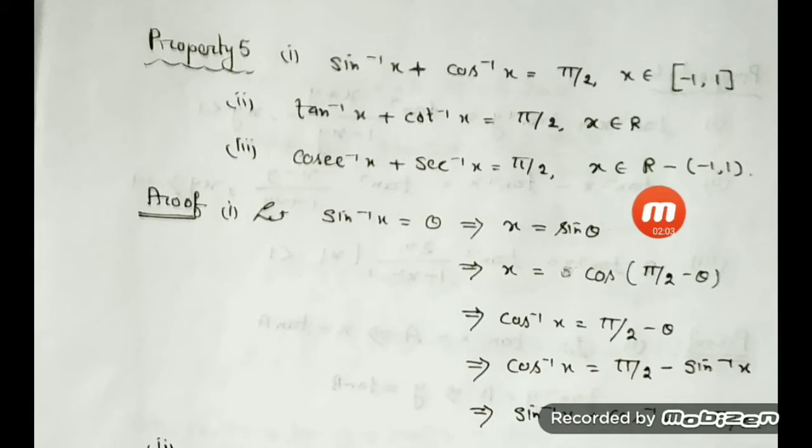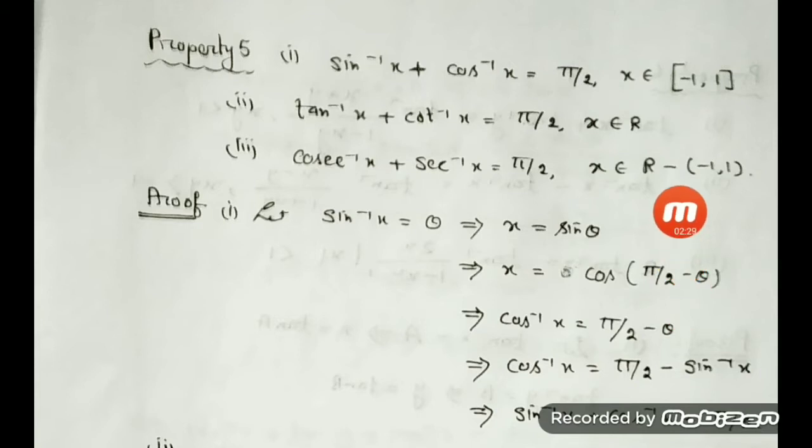So where is sine theta positive? In the first quadrant and in the second quadrant. First you require the first quadrant because pi by 2 is there. So here we have used sine theta as cos of pi by 2 minus theta, because you know cos of pi by 2 minus theta is again sine theta. Pi by 2 is required, that's why I am writing it in this form.